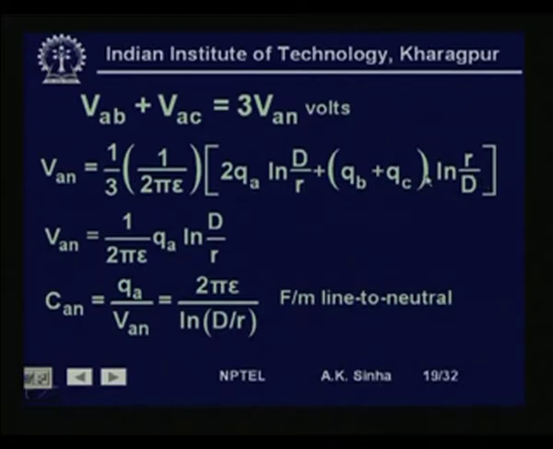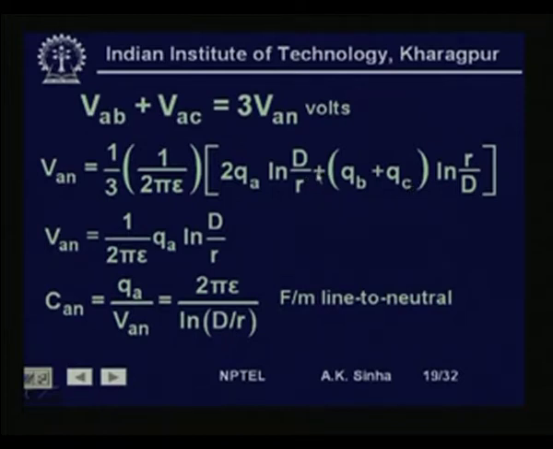So, from this relationship we can find out now VAN is equal to 1 by twice pi epsilon into, now qB plus qC is equal to minus qA, because qA plus qB plus qC is equal to 0.